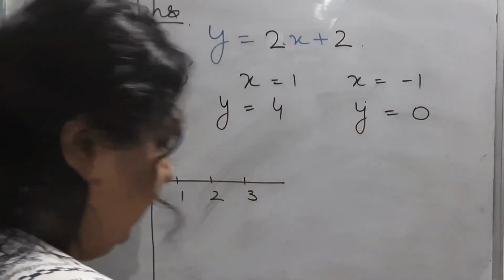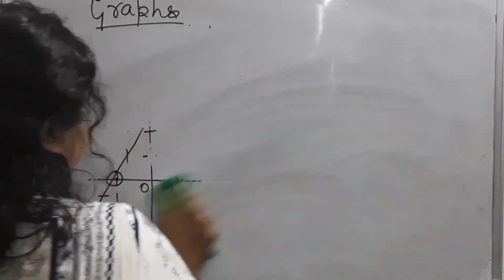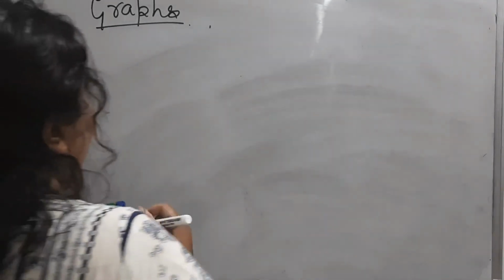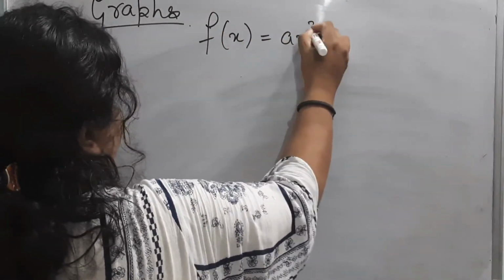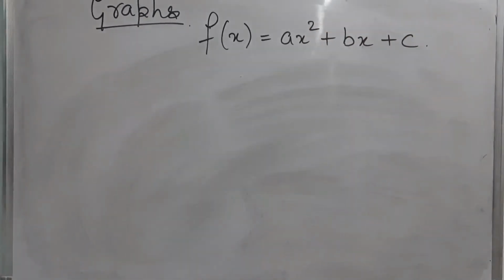Let's move on to the graph of a quadratic polynomial. Suppose f(x) equals ax squared plus bx plus c. This is the standard form of a quadratic equation.